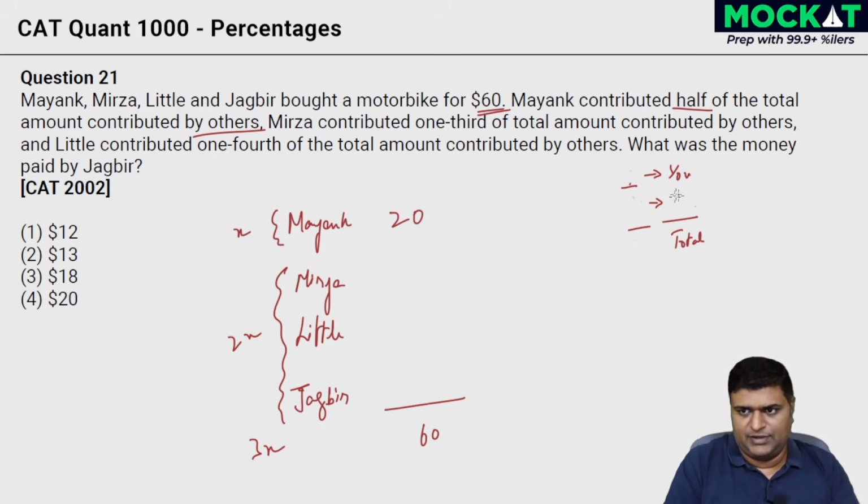So once again, let me just reword this, others and Mirza, this is just for your understanding. And once you have an idea of this, you should be quick, right? Mirza contributed 1/3 of others. So others are 3 parts. Mirza contributed 1 part, so grand total is 4. So therefore, if it's 1/3 of total amount contributed by others, then you're 1/4 of total, which comes to 15. If total is 4 parts is 60, 1 part is 15, right?